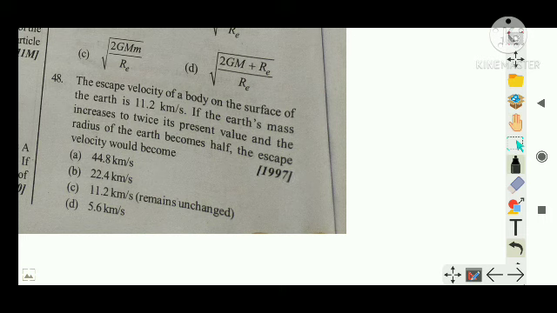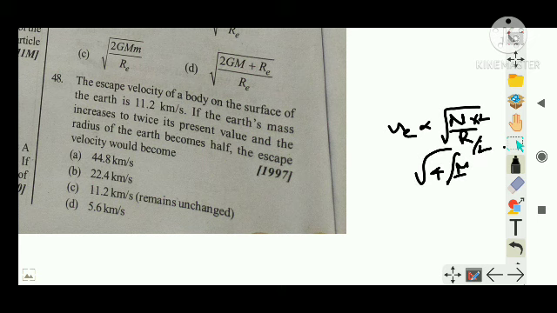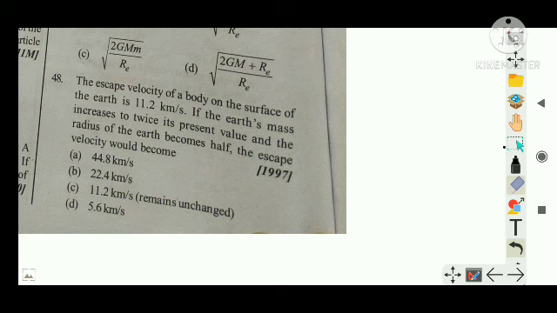Escape velocity is proportional to root of GM by R. You can remove 2 and G, so just mass and R. The mass is becoming twice and the radius is becoming half, so 2 into 2 becomes 4, root 4M by R. Root 4 is twice, so the escape velocity becomes twice. So let us go for the next one.